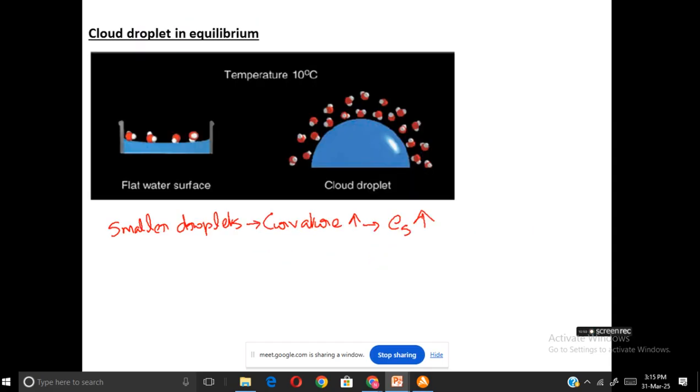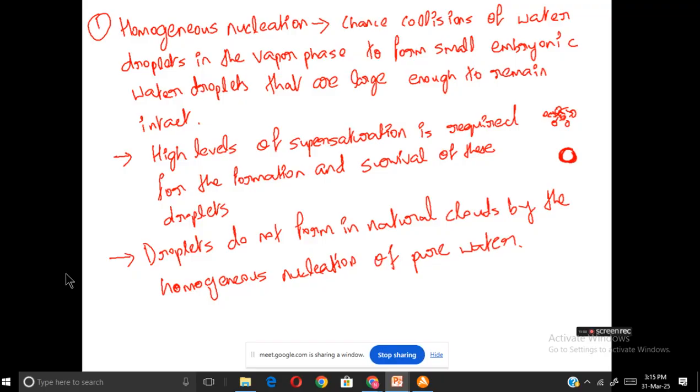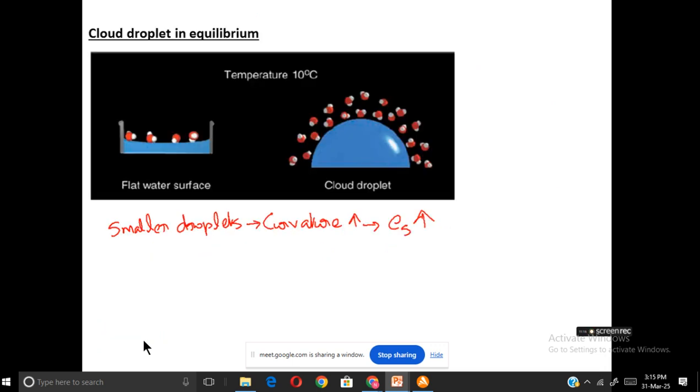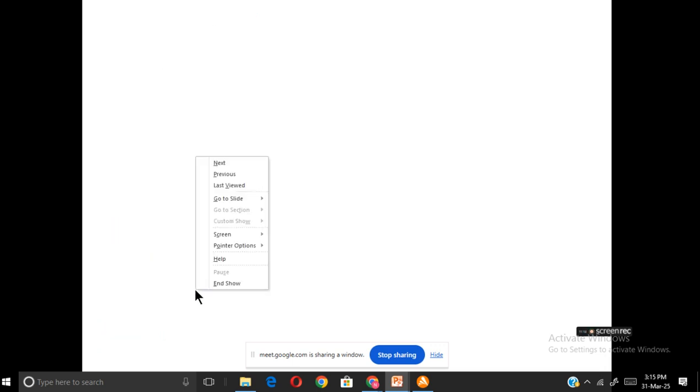Then how do they form? How generally are the water droplets formed in clouds? So there is another process which is known as heterogeneous nucleation.